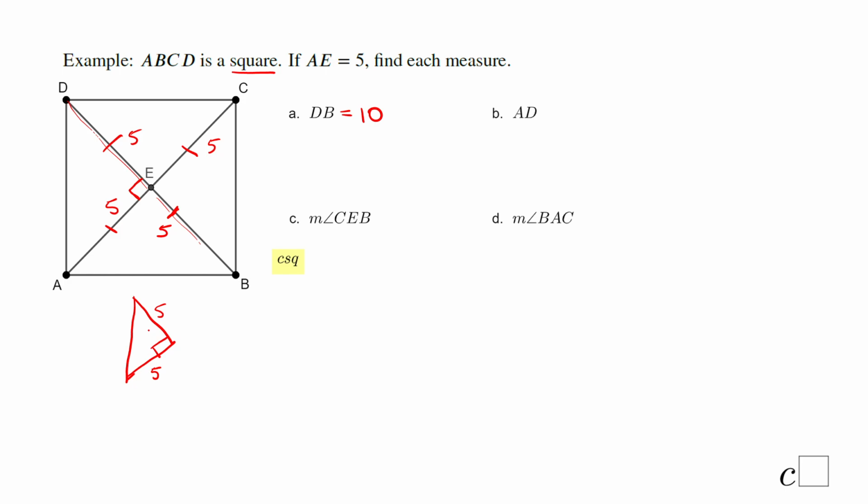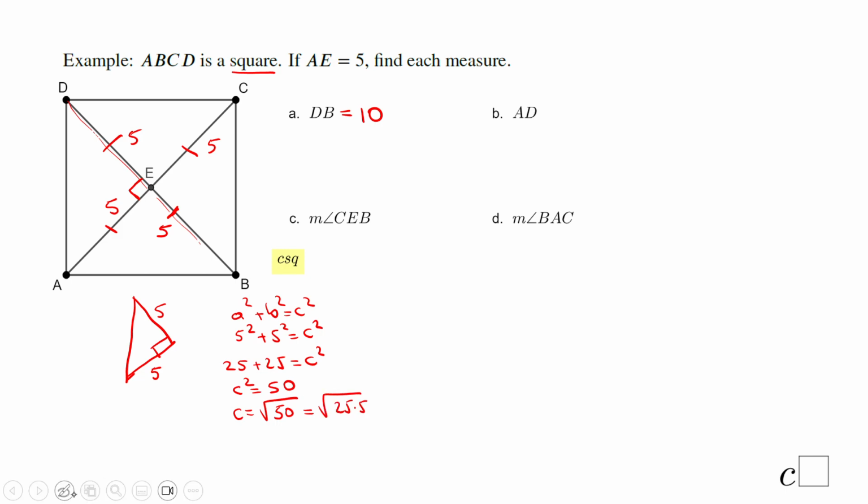The classic way will be to use the Pythagorean theorem, a squared plus b squared equals c squared. a and b are the two legs, the 5, and we have 25 plus 25 equals c squared, which means c squared equals 50, which means c is the square root of 50, which can be simplified, right? Because the square root of 50 is 25 times 2. So I'm sorry, times 2 I said.